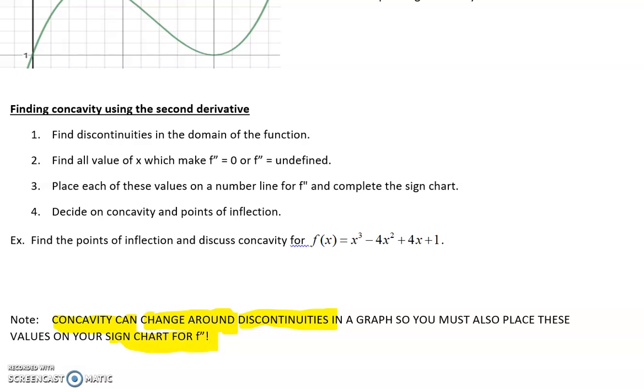Also, if it was a piecewise function and you had some type of discontinuity, like a jump discontinuity, you'd have to place that value on your number line as well and test around it, because you could change your concavity around that as well.